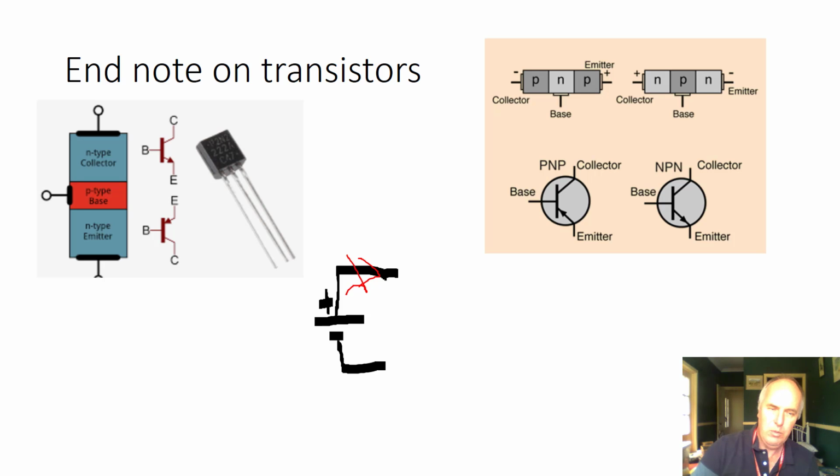The arrow must always be pointing down, but also if the arrow is going towards the base, as in this case, it's a PNP, positive, negative, positive configuration. You've got 2 configurations, PNP or NPN. Both are pretty much functionally the same, but how you put them in circuits is slightly different.